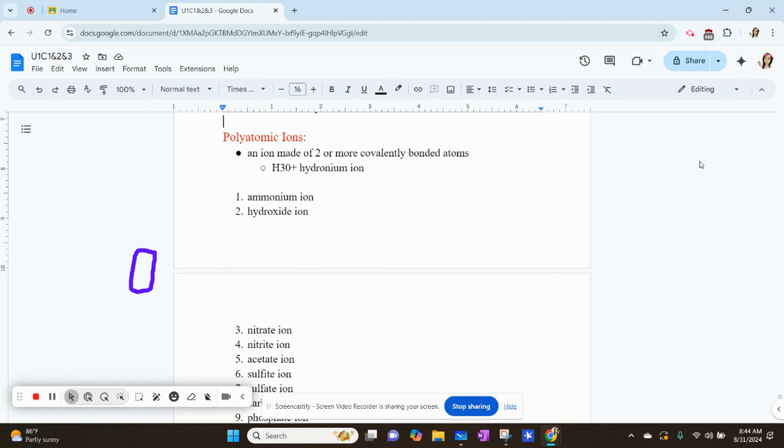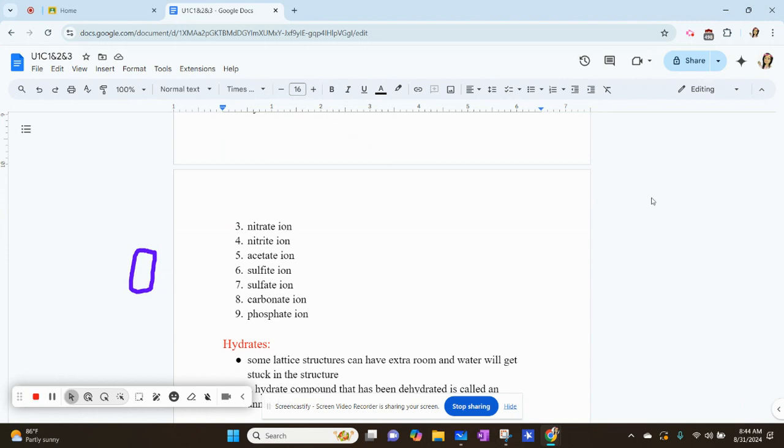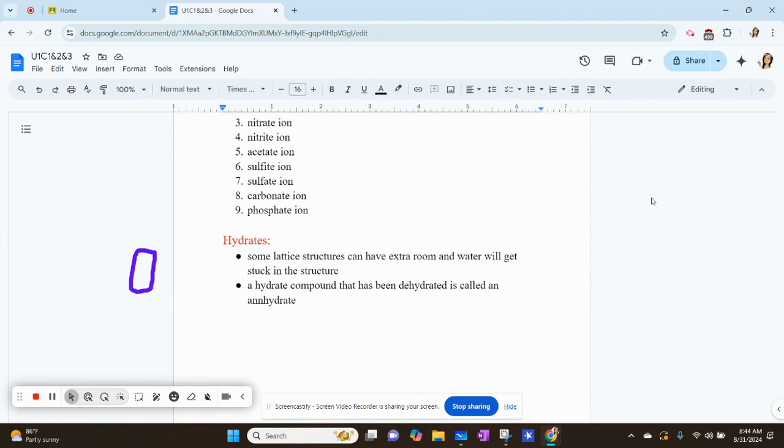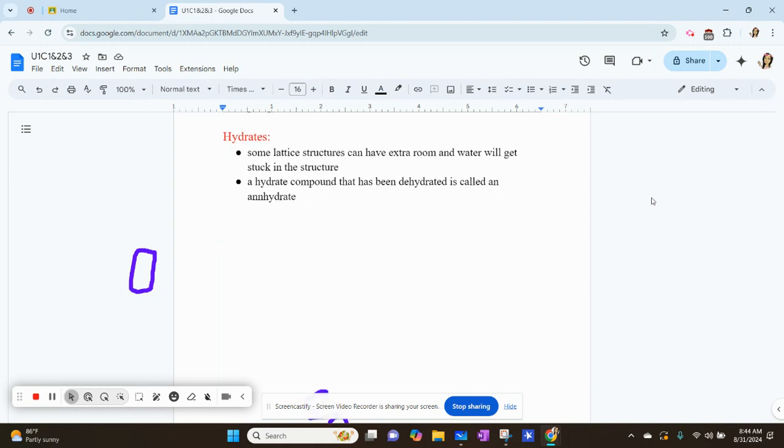H3O plus is a hydronium ion. Some more examples include ammonium ion, hydroxide ion, nitrate ion, nitrite ion, acetate ion, sulfite ion, carbonate ion, and phosphate ion.